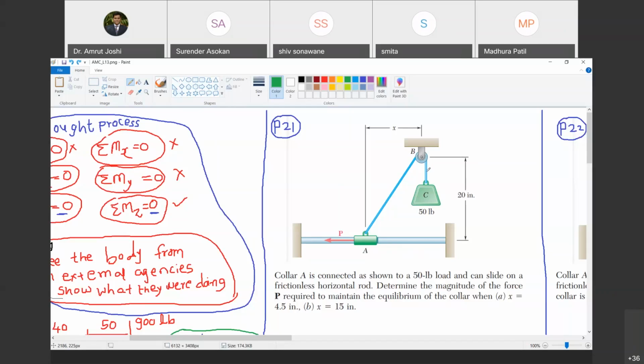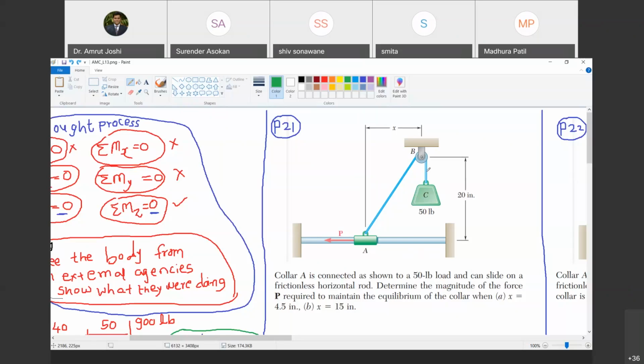Yes, sir. तो अब मुझे बताओ, इस problem में हम free body diagram किसका बनाएंगे? The weight, 50 lb weight. And what is that going to give us? इक्विलिब्रियम किसका देखना है बताओ?